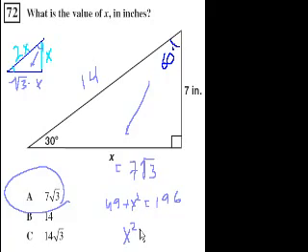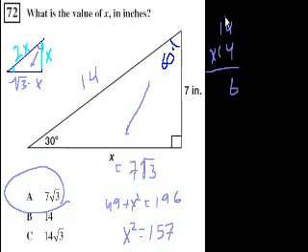You get x squared is equal to, let's see, 196 minus 50 would be 146, so 156? So it's 157. Is that right? Let me make sure I got it. 14 times 14. 4 times 4 is 16. 56, 0, 140, right, 196.